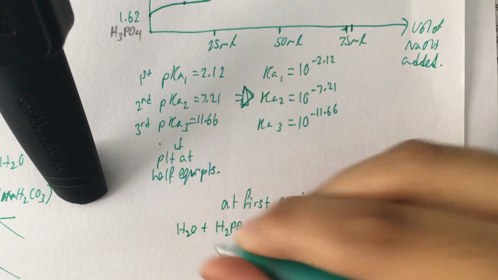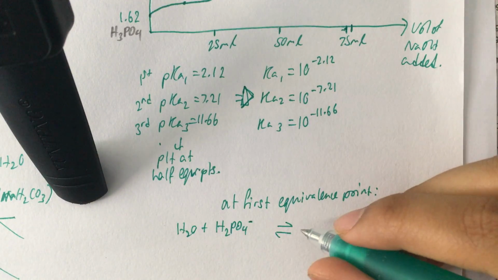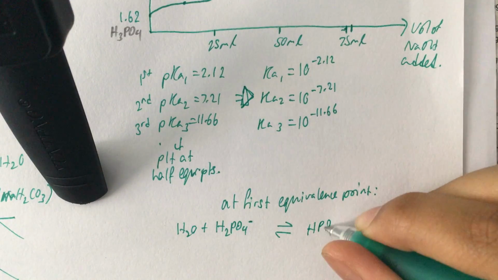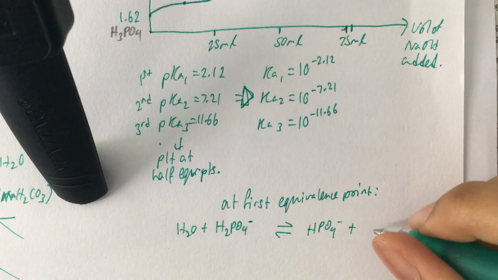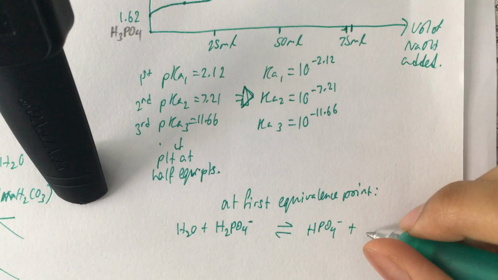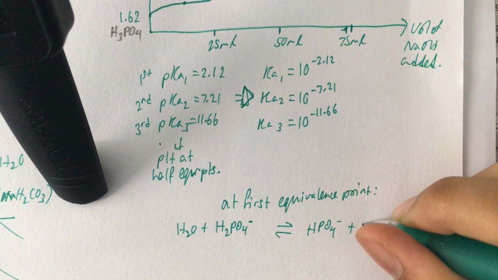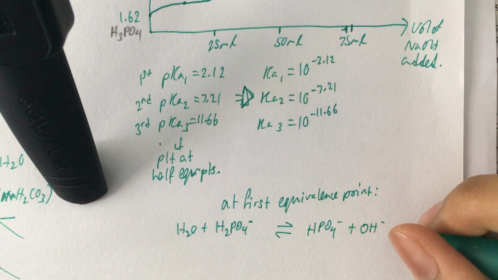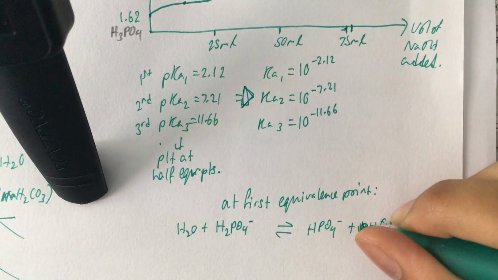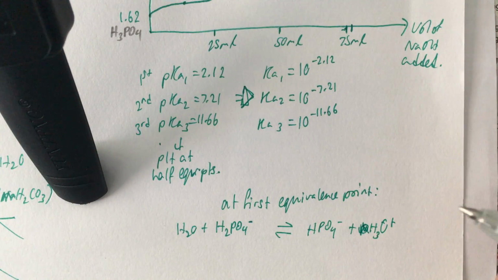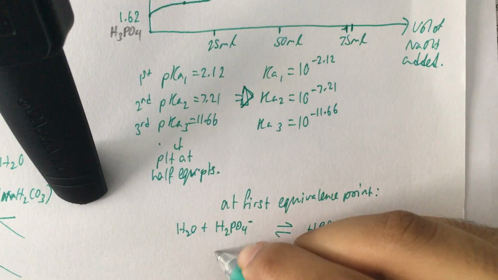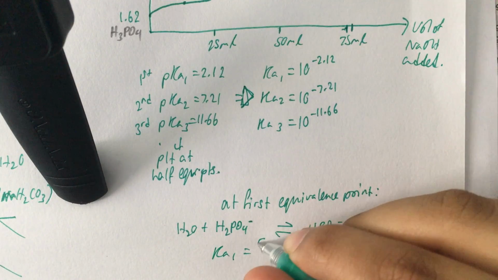It should be the major species, and at the same time it's not very likely to become HPO4 2 minus as well, so I'm not sure how either of these will work. And actually I just realized that the concentration would have changed by now, because you added a bunch of NaOH and the volume of water is bigger now. There's actually a lot of things to consider. Oops, okay.